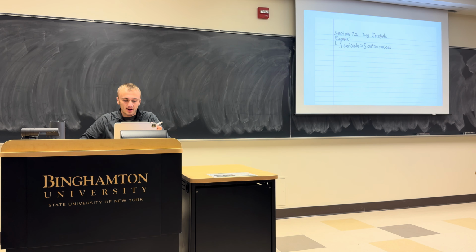At this point, we can use the identity that sine squared x plus cos squared x equals 1. We can manipulate this such that cos squared of x equals 1 minus sine squared x.